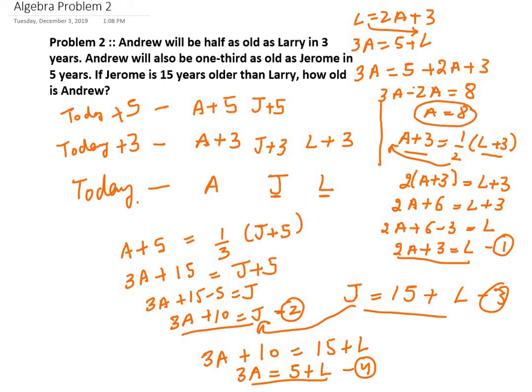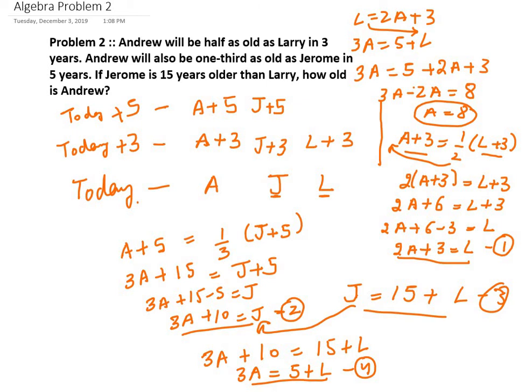So Andrew's age today is 8. If they had asked us to find the ages of Larry and Jerome as well, we can put this value of A equals 8 in the other equations, and we could find the ages of Larry and Jerome. So that's how you have to go.